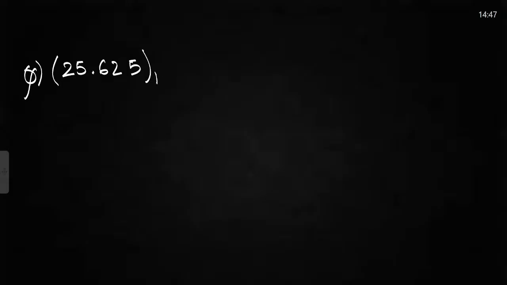This is in decimal number system, and we need to find the binary equivalent of this number. So here, the same method we will use. First we will solve for the integer part, and then we will come to the part after the decimal point.